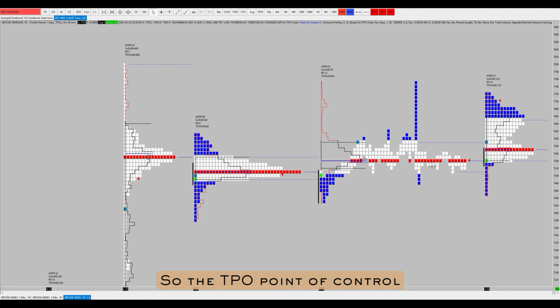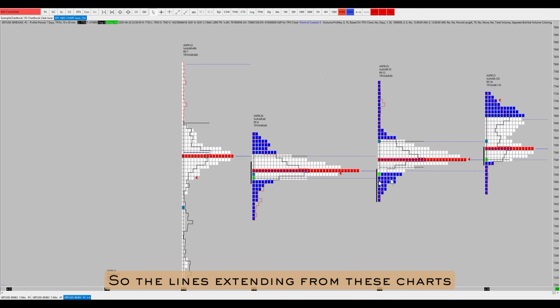So the TPO point of control on the TPO chart is this line right here, and this is the point of control for the volume profile, where most of the volume was transacted. From here, you can see that I also have lines extending. The lines extending from these charts are going to show me moving forward where these value areas are for both the TPO chart and the volume profile chart.